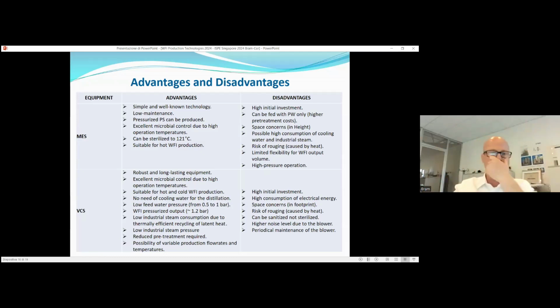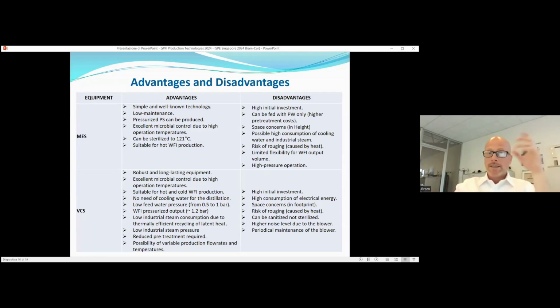We are speaking generally again. It is very good in the microbiome control because it works at very high temperatures. It can be sterilized at 121 degrees. And as we said, the key points, at least from our point of view, for WFI are the bacteria and endotoxin control. And it is clearly suitable for hot WFI production.